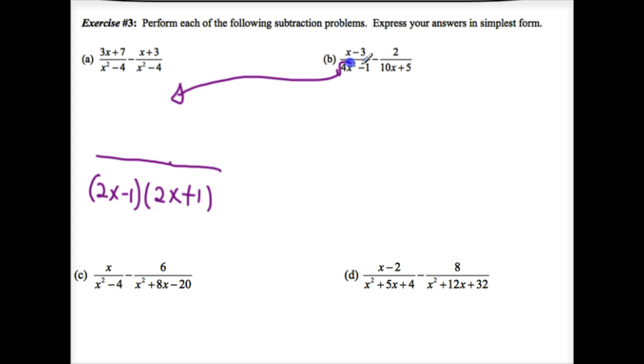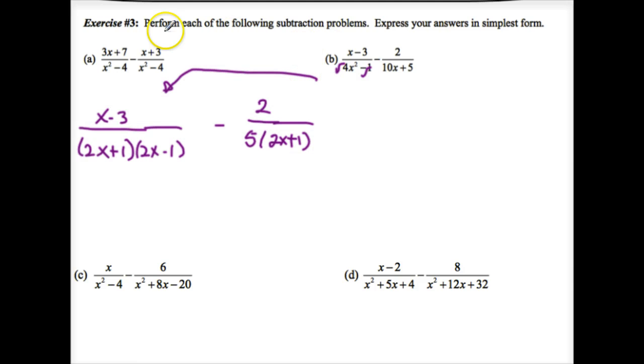Remember, if I take the square root of both of these, it's a difference of squares. The top remains the same, and then this side is factored as 5 in common, so this becomes a 2x plus 1. The top stays the same. So just like what we did in addition, they both have a 2x plus 1.